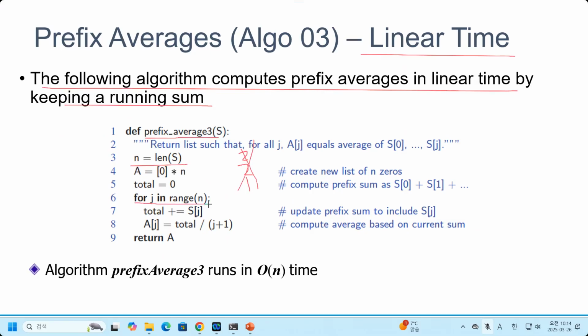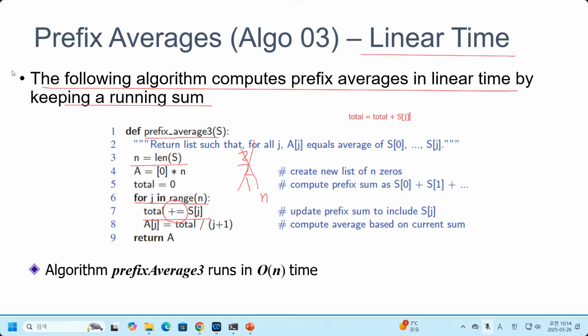Now we need to check this one. What about this? This is a primitive operation. Primitive operation means we just calculate this one as a constant. If you still remember, total plus equal means total plus s[j].